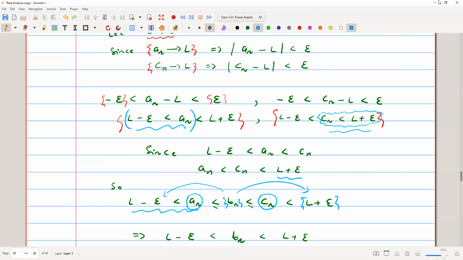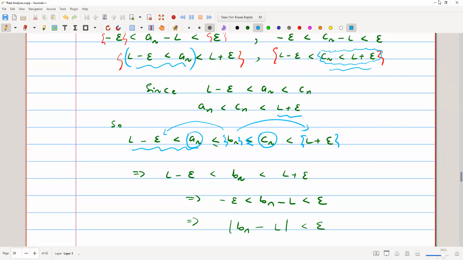Because we are saying that Bn is less than or equal to Cn, but Cn is strictly less than L plus epsilon, so Bn is also strictly less than L plus epsilon. And here also the same argument, because Bn is greater than or equal to An and An is strictly greater than L minus epsilon. This implies that Bn is greater than L minus epsilon, which implies that Bn is bounded between L plus epsilon and L minus epsilon.